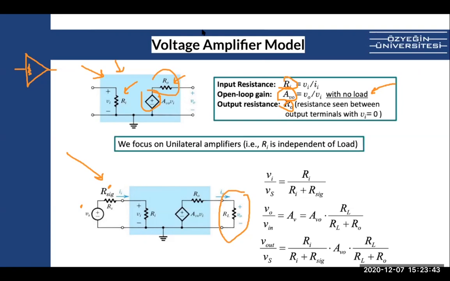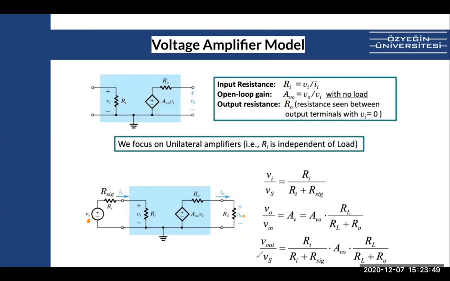You are supposed to tell me the gain is V out over Vs. And you can divide V out over Vs into two parts: V in over Vs and V out over V in. So what does it mean?